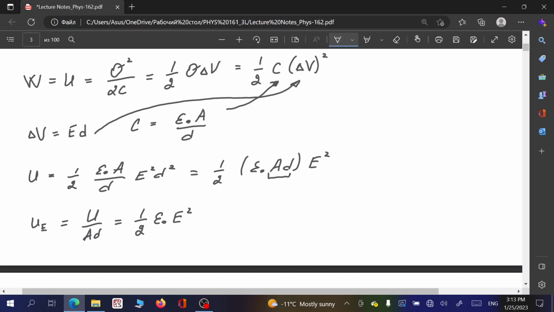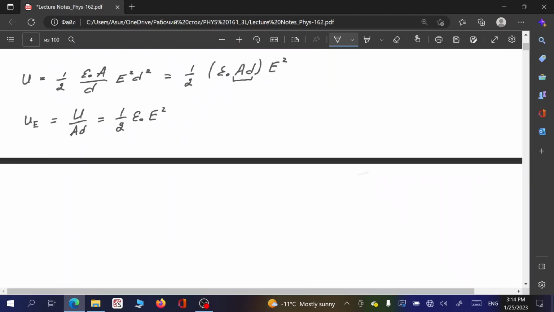So now let us mention a possibility to modify the capacitance of a parallel plate capacitor. So let's say we have some parallel plate capacitor with some capacitance C naught.